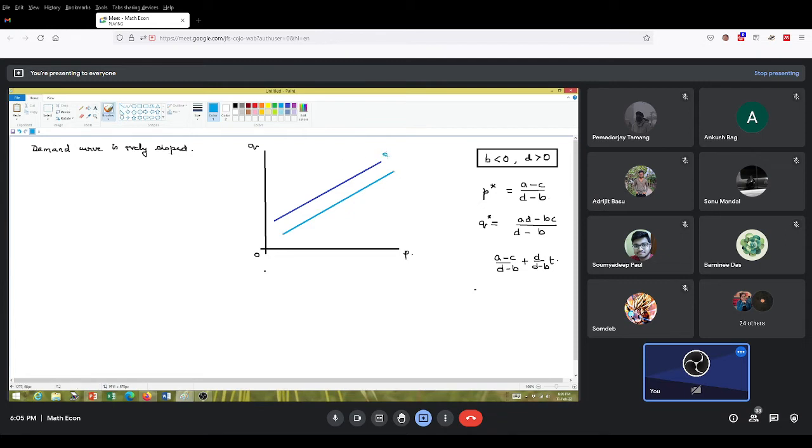So this is S, and this is the post-tax supply curve. And the demand curve, let us say, now we make it non-parallel. So we can have a case like this, a case like this.